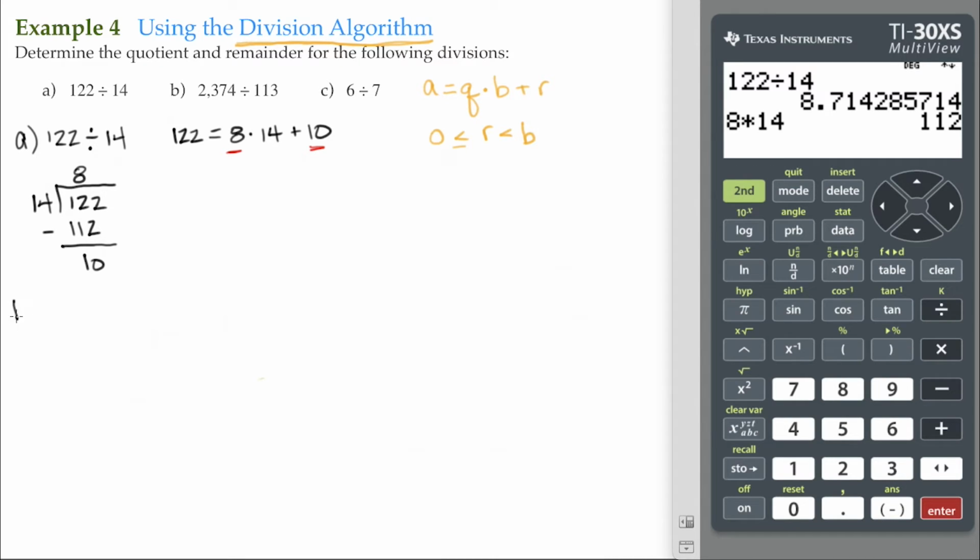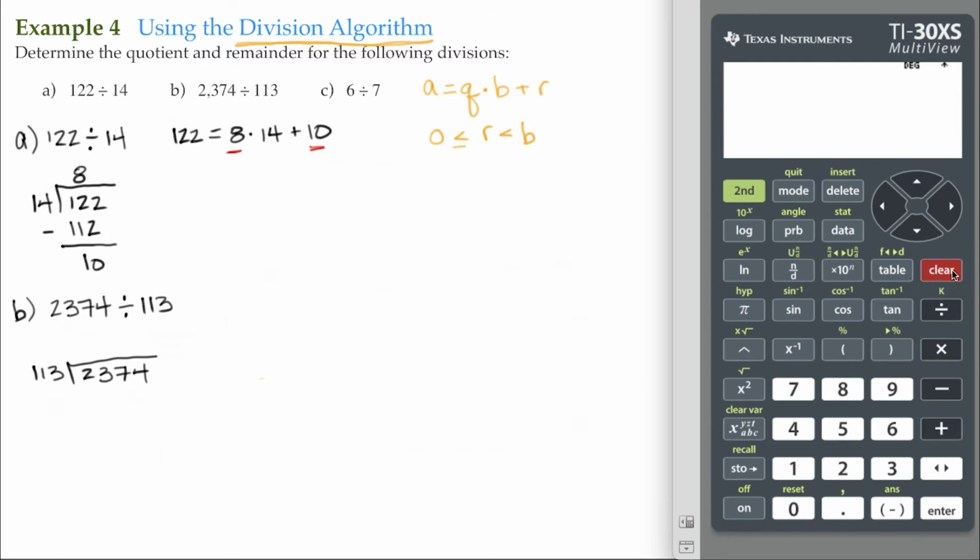Let's try B. 2,374 divided by 113. We have 113 in our box. 2,374. 2,374 divided by 113. Again, we're looking for an integer. This will be 21. We round this decimal down to the nearest integer.